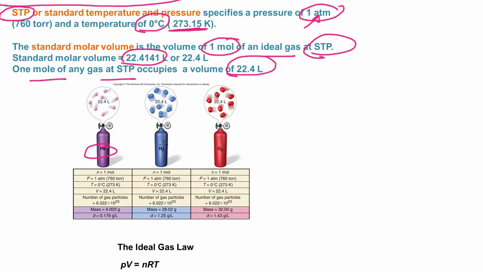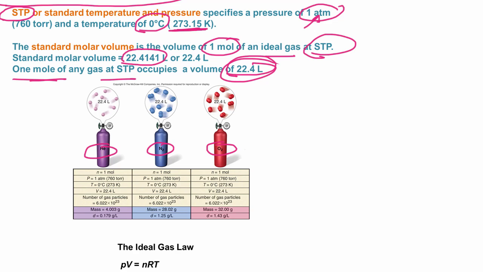That could be helium, nitrogen, oxygen, carbon dioxide, air. At standard temperature and pressure, 1 mole of any gas will occupy a volume of 22.4 liters, period.